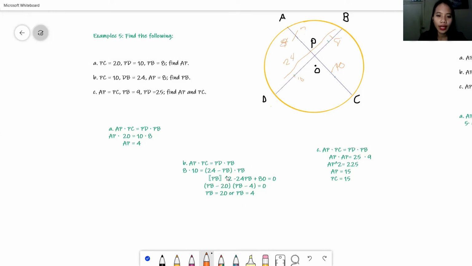So now, let us find the value of our PB.